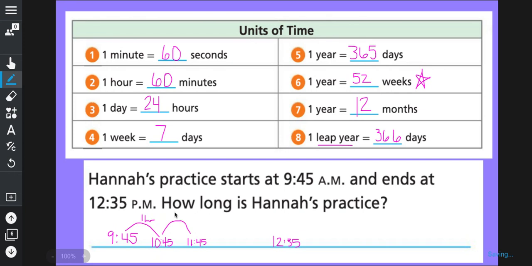Now I can't go to 12:45 because that's after our time. So now we start hopping by minutes. I'm going to first go 15 minutes and go to 12 o'clock because that's a nice number to work with. And then I'm going to go to 12:30, which is 30 minutes.